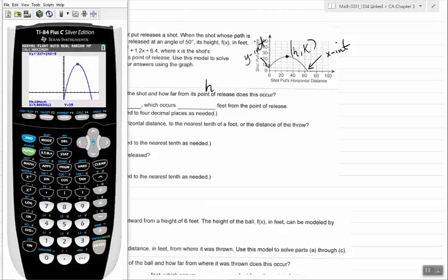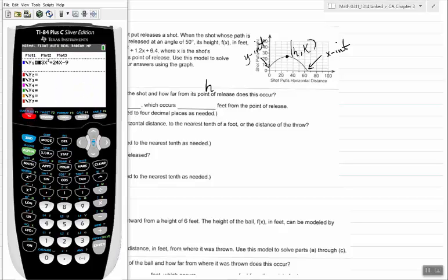So I will go to my grapher, go to my y equals, clear this one out, and type in negative 0.02 x squared plus 1.2 x plus 6.4.